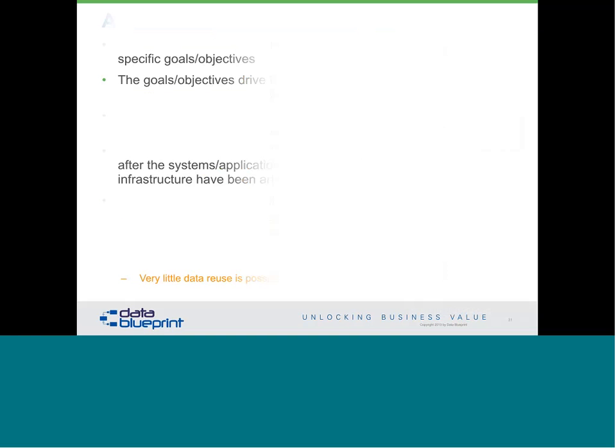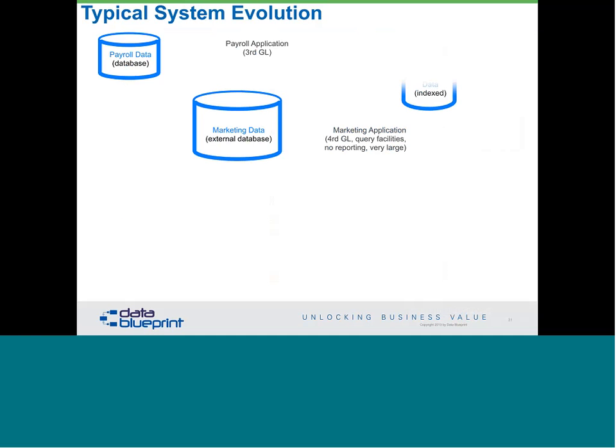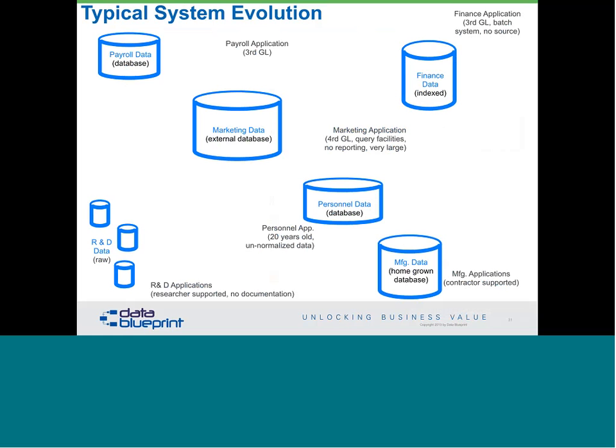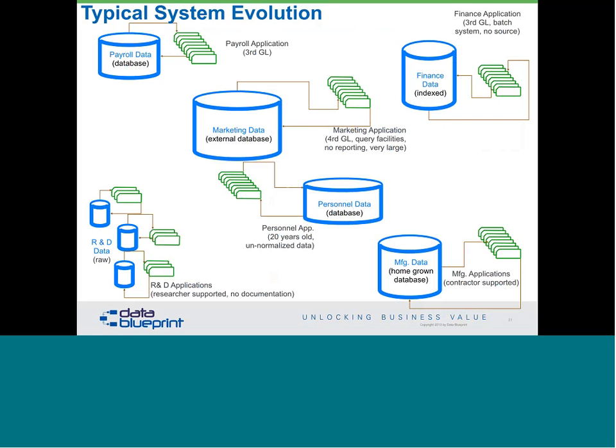Now, this is because our typical organization has evolved over time, and each of these silos, as we call them, has their own separate piles of data, and they work very well within a particular domain, work group, department, whatever the level of abstraction that you're working with is.